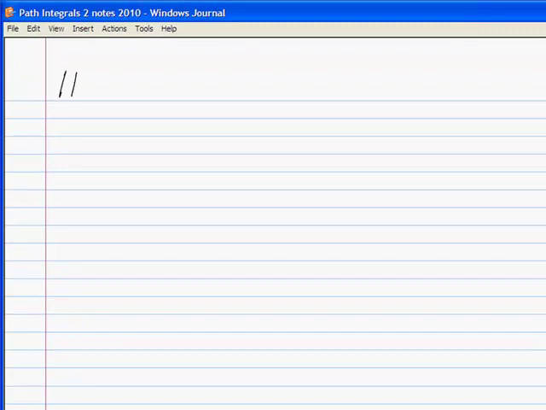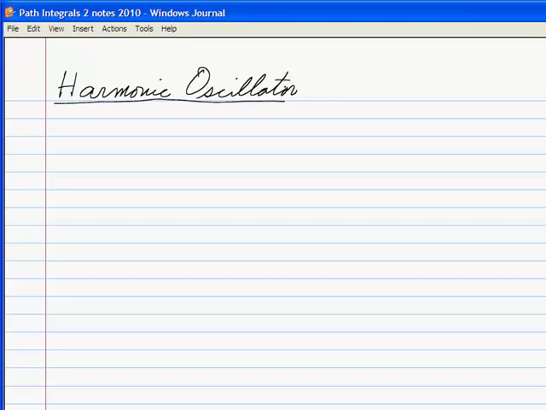So if you're at least with me, I'm going to do the harmonic oscillator now, and I think I have about the right amount of time. Okay. The technique for the harmonic oscillator is almost an exact parallel to doing field theory. I'll do it in 1D just for notational simplicity.